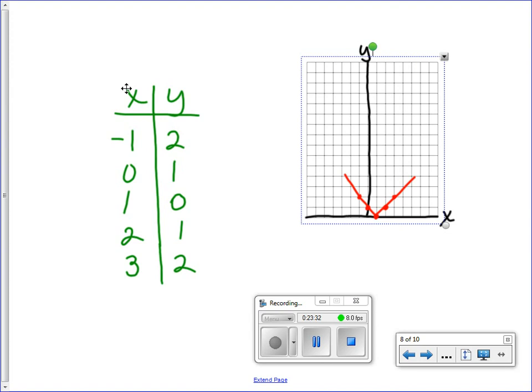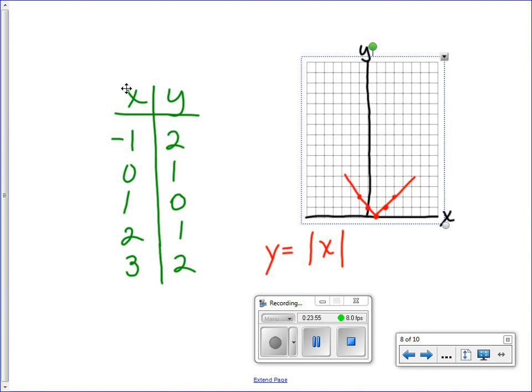And the parent function, if you call it, or the kind of generic function, would be y is equal to the absolute value of x. Well, what we see when we look at our graph is that for negative 1, if I take the absolute value, I just get positive 1.